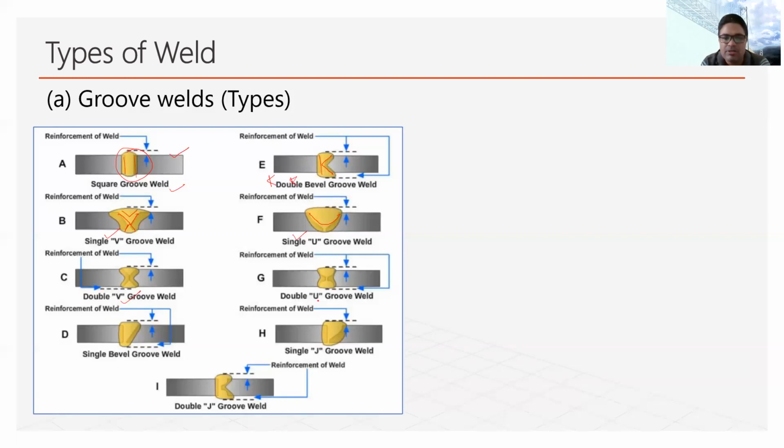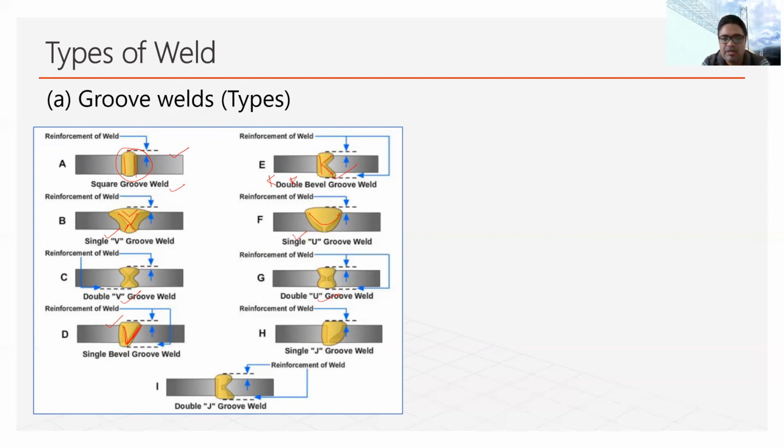Similarly, we have a double U groove weld. In case one plate has a vertical face and we have prepared the edge of only the other plate, like this beveled edge, then this will be called single bevel. In this case it was called double bevel.